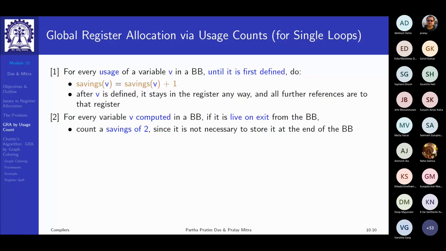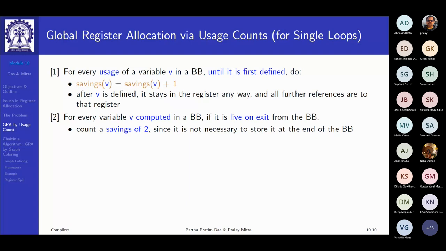So you consider that unit of cost as 1. I mean, how many savings did you have? Till it is first defined, naturally the variable will have to be live on entry to the basic block. Otherwise, you could not have used it without defining it. Now, you increment the savings by 1. And after v is defined, it stays in the register anyway. So all further references will be to that register. So you don't add anything.